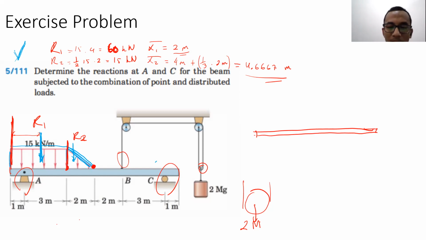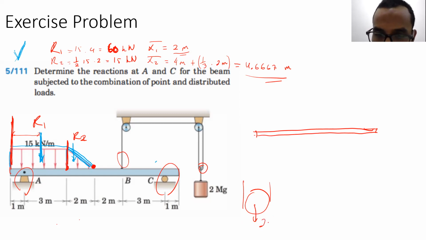This one is quite odd, using megagram there. I have never seen that before. They're supposed to just use 2 tons. It's 2,000 kilogram. Okay, sir. Or we can just use 20.